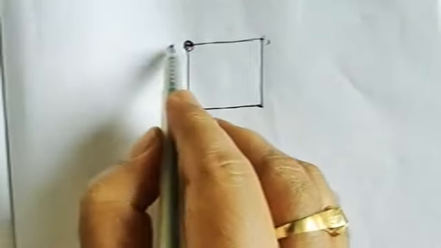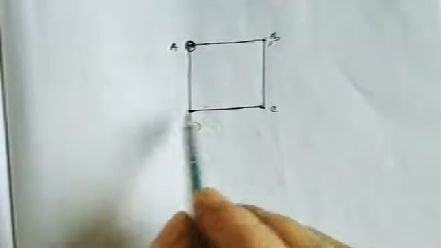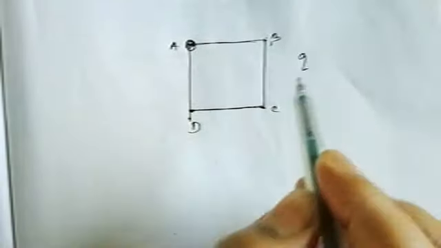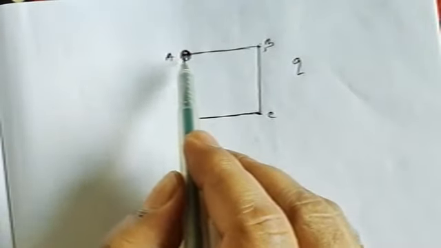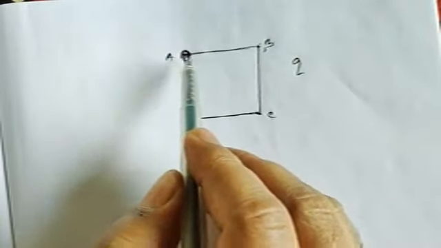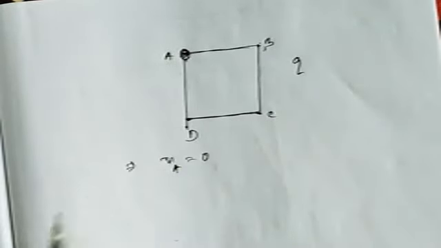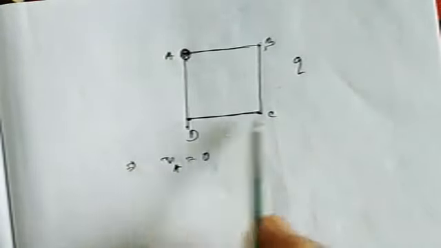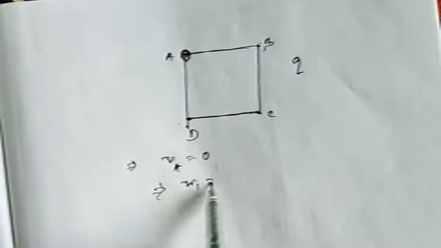For this type of case A, B, C, D, at each and every point we want to put a charge of q. At first when we put a charge at the point A, at that time VA is 0 because there is no charge at all. Therefore work done W1 will be 0.